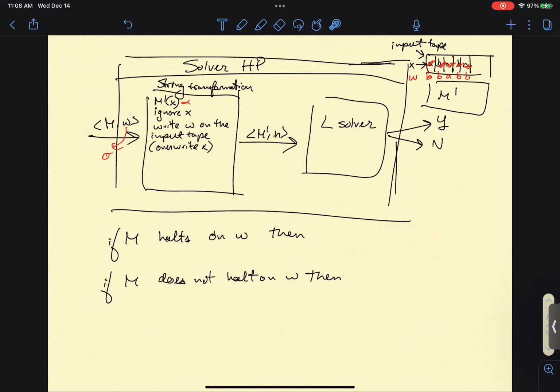If you're confused, it's because I haven't written everything down. Yes. No, this M prime is this M prime.